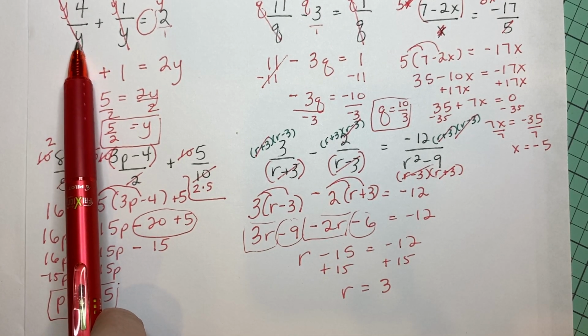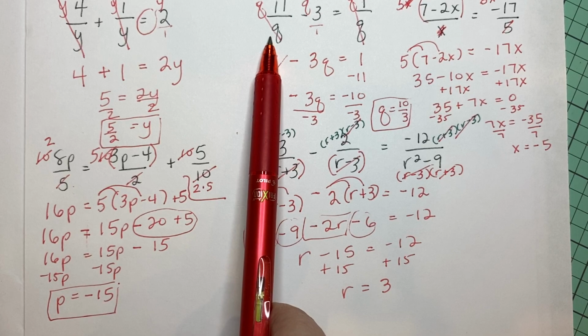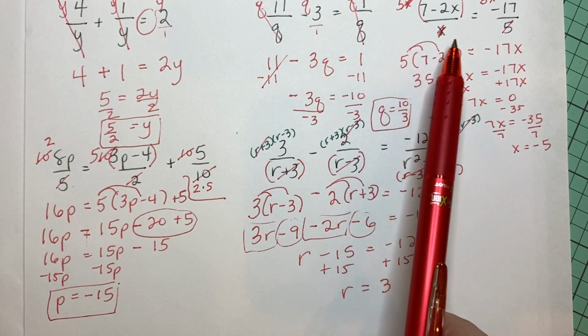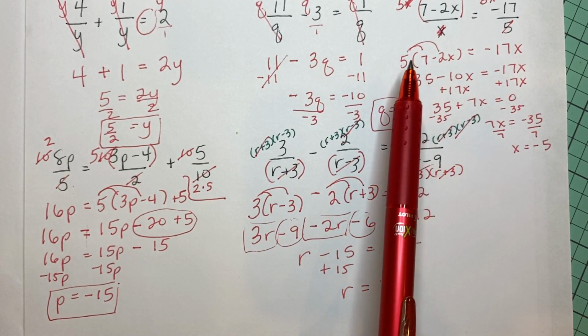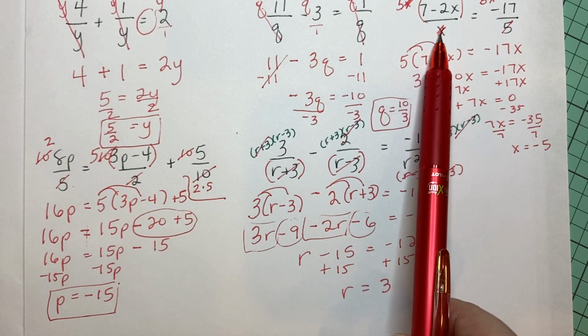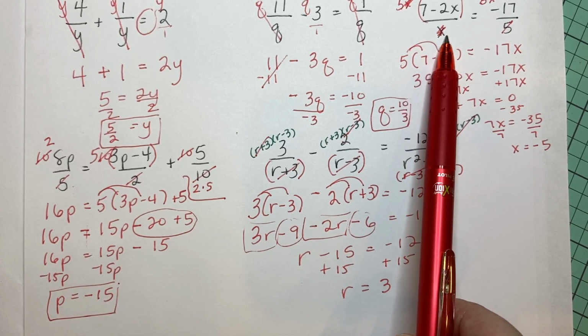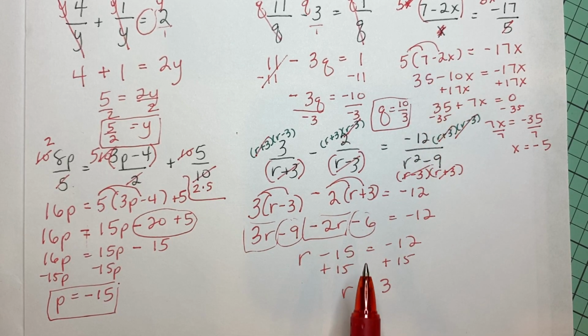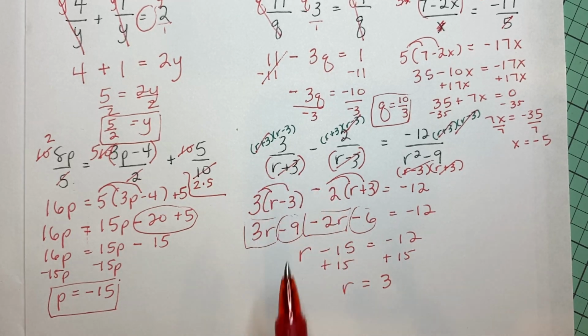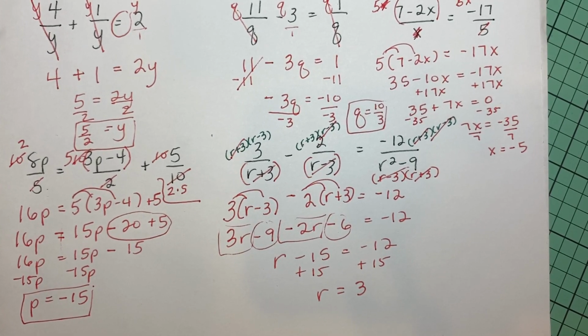So for this one, y couldn't be equal to 0. This one, q couldn't be equal to 0. And so you've got to be careful. This one is just an x, so again, x couldn't equal 0. But when we get to this one, we've got an r plus 3 and an r minus 3. So your answer can be anything in the world except for what makes those denominators equal to 0.